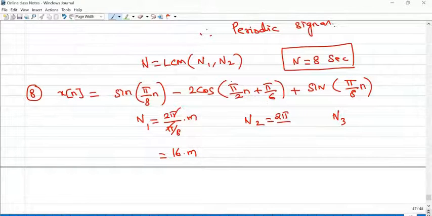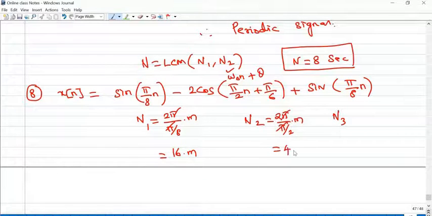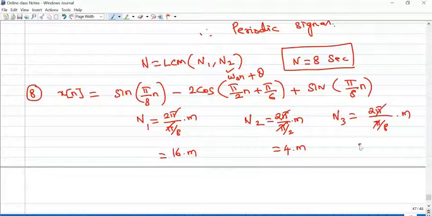So this is cos omega naught n plus theta, this is phase information. So we have to select omega naught only. So 2 pi by pi by 2 dot m. Pi will be cancelled, you will get 4 dot m. N3 equal to 2 pi by omega naught, that is pi by 8 dot m. Pi will be cancelled, 16 dot m.